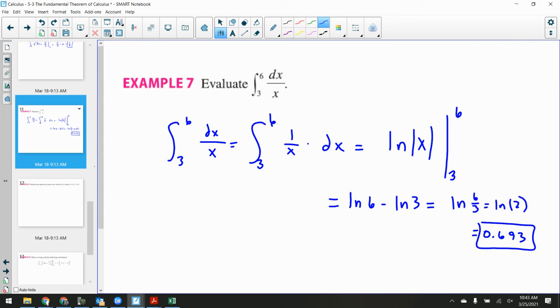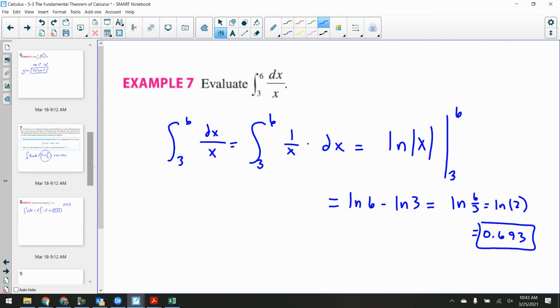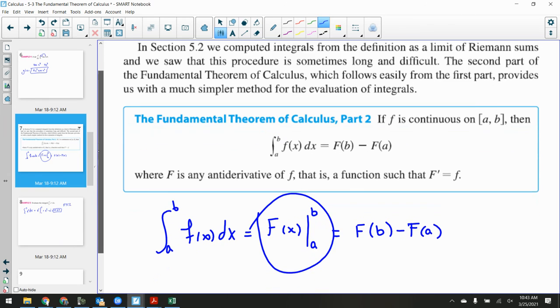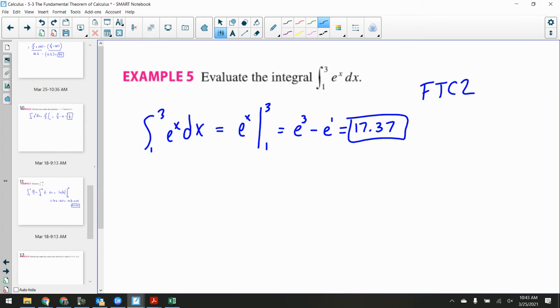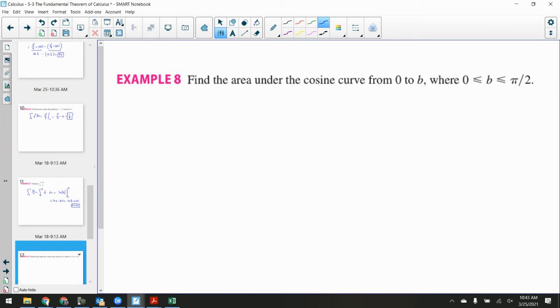Because the notation says when you find the antiderivative, all of that underlying stuff goes away. That's the process of finding the antiderivative. Okay, let's go back. Find the area under the cosine curve from 0 to b, where b is between 0 and pi over 2.